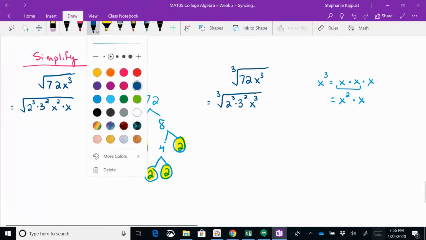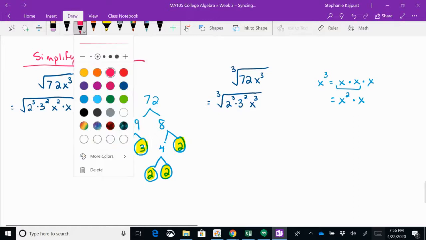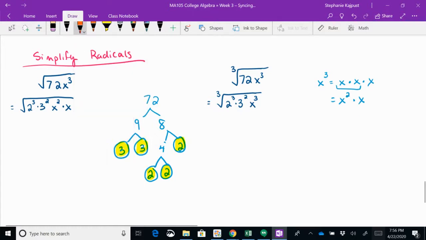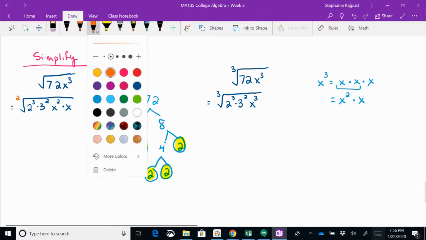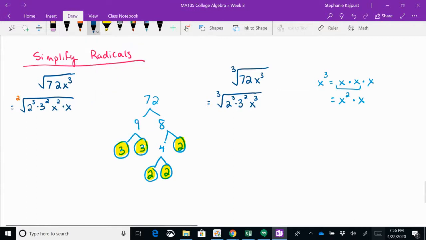So going back to the square root, let's do this. That square root, you can think of it as having that 2, just like the cubed root has that 3. So anything that has an exponent of 2 can be canceled out and pulled outside of your radical.